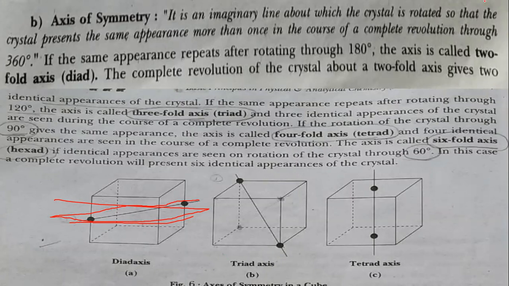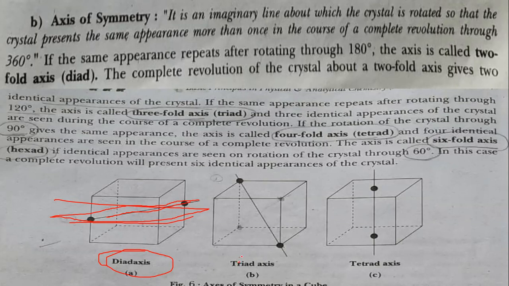This is the diad axis. Why is it a diad axis? Because when you rotate one time, you will get the same structure, and if you rotate a second time, you will get the same structure.